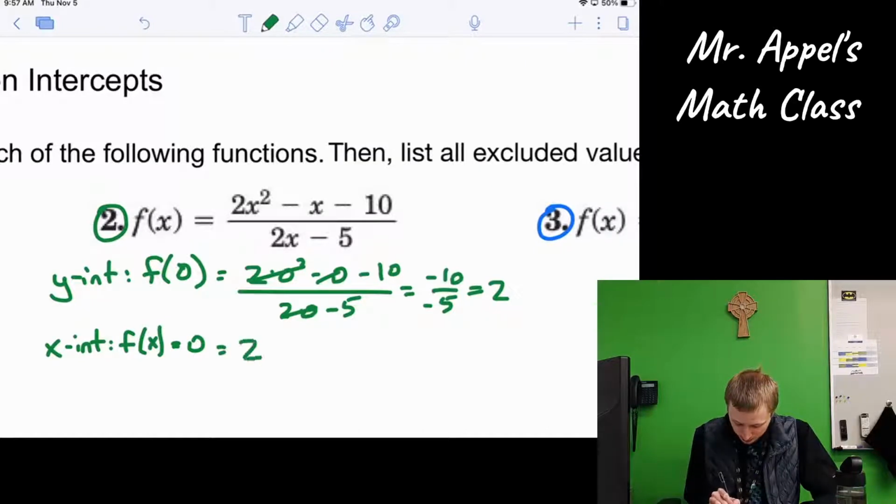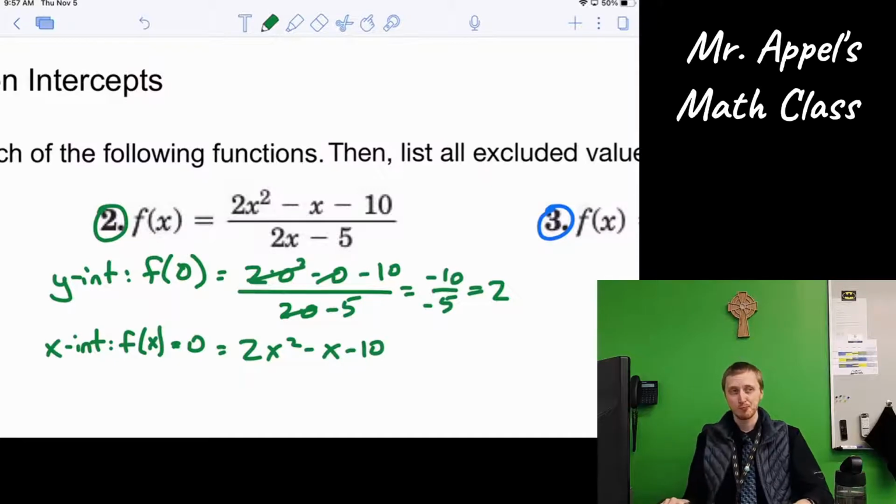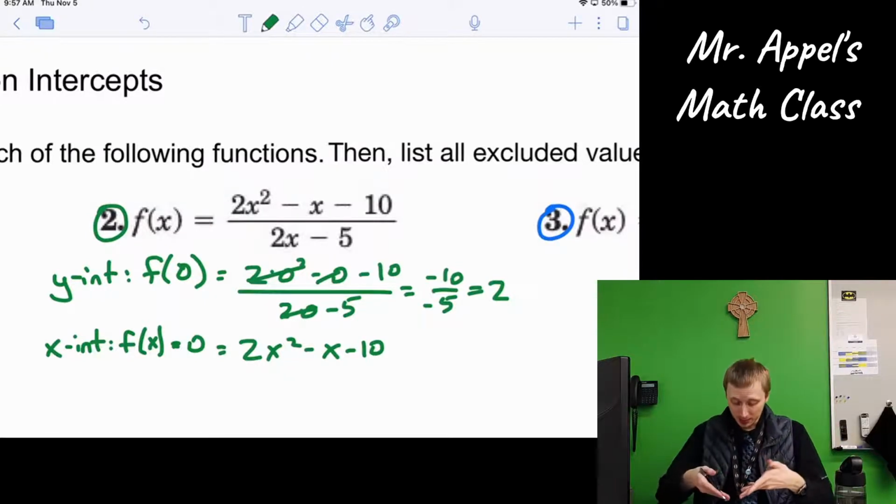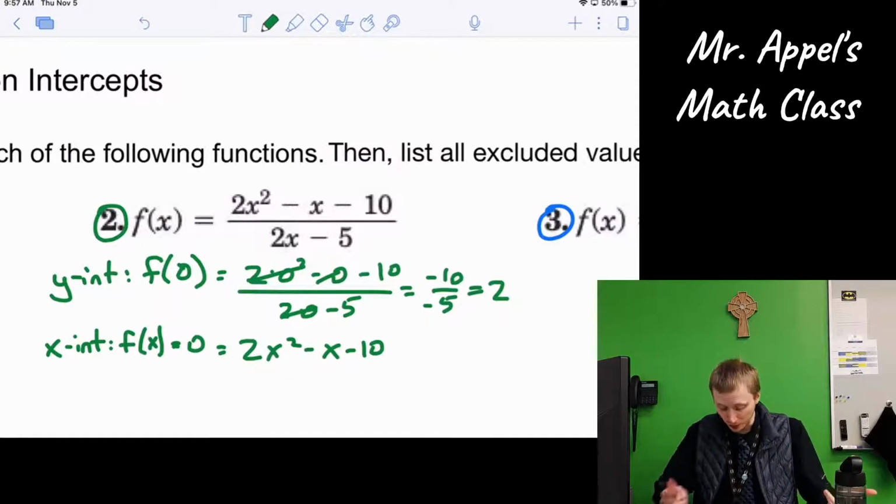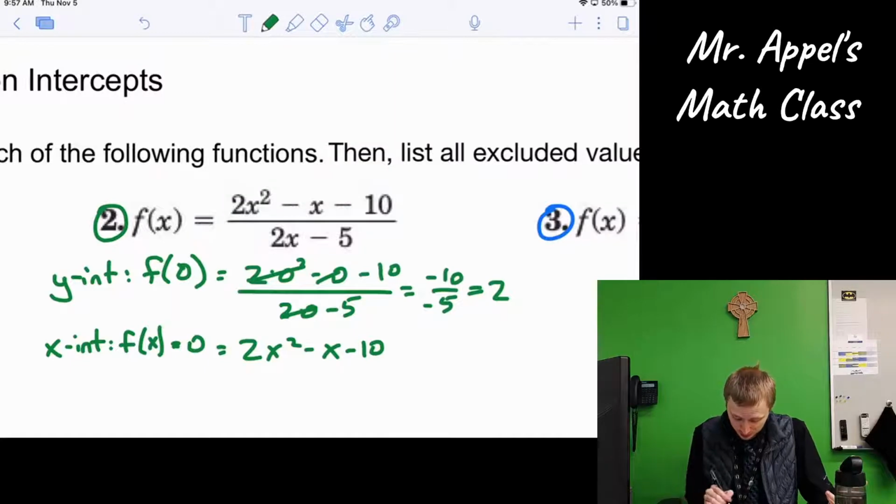So start off with 2x squared minus x minus 10. Doesn't this look familiar? This is solving a polynomial. In this case, it's a quadratic, so we can just factor that guy.